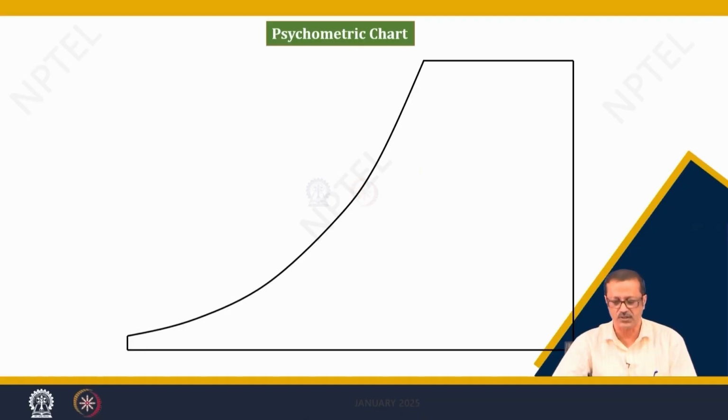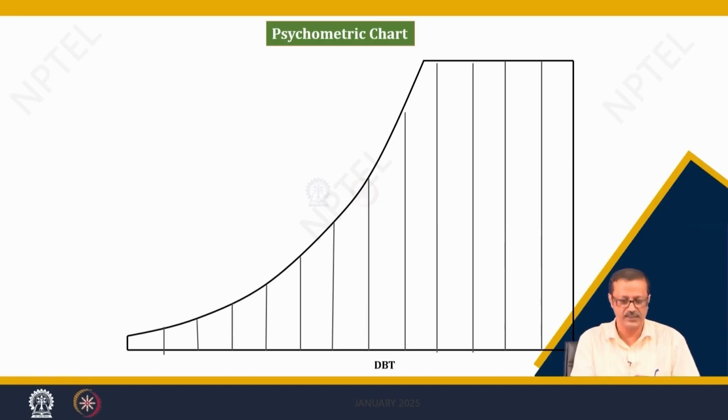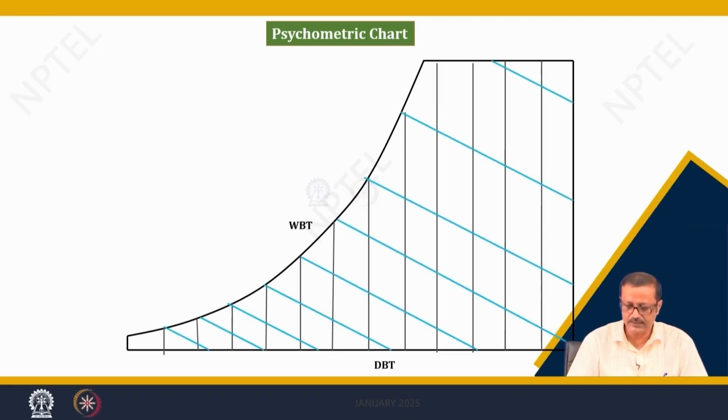In the psychrometric chart, it has broadly two axes. The x axis stands for the DBT. So, if I have some DBT that I want to place, I have to check the x axis. The WBT will be on the curved, inclined lines. These blue lines represent the WBT.